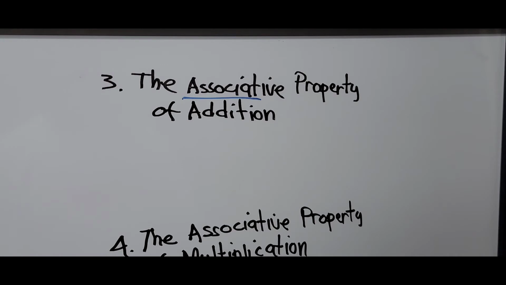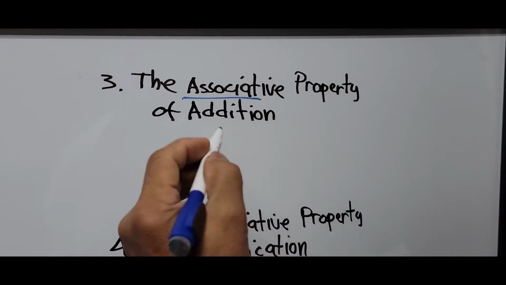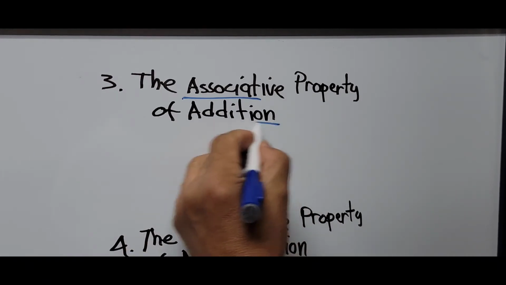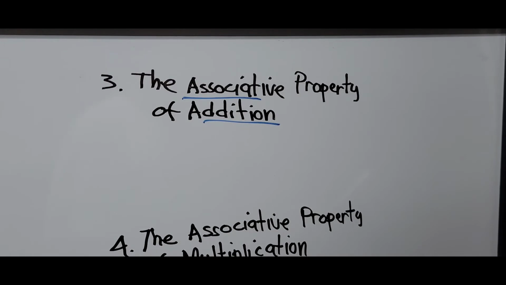So, when it comes to properties of numbers, the associative property of addition states that when you add 3 numbers together, no matter how you group them, the answer would still be the same.